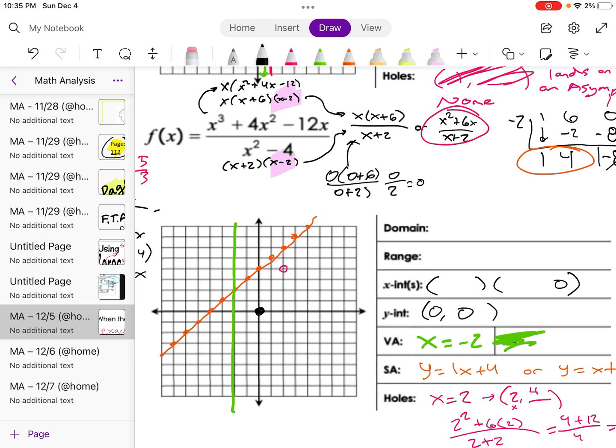We get a 0 over 2, which is just 0. My x-intercept is saying what happens when you put a 0 in for y. So we are going to get 0 equals x plus 6. I don't have to put it in with the bottom, because if I multiply the bottom on both sides, they're going to cancel out anyway. Straight into ZPP, 0 equals x, or x equals negative 6.